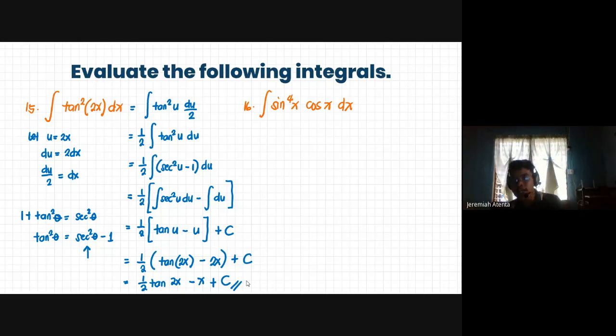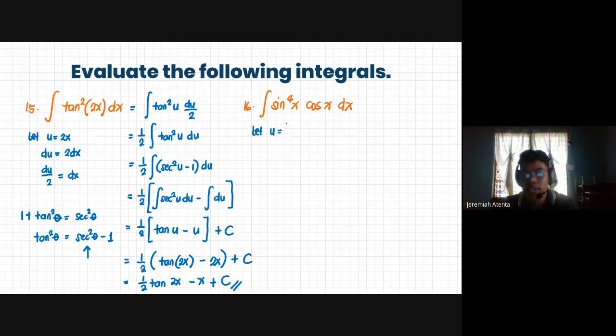None. Okay. Last one, number 16. We have the integral of sine to the power of 4 x cosine x dx. Now, in this case, what do you think should we let be u?